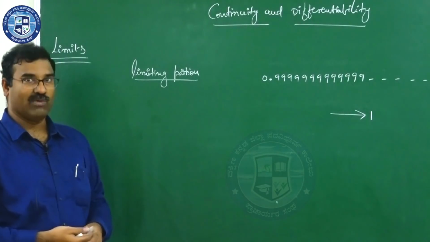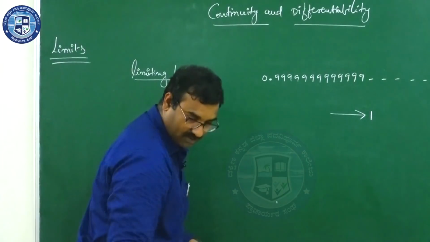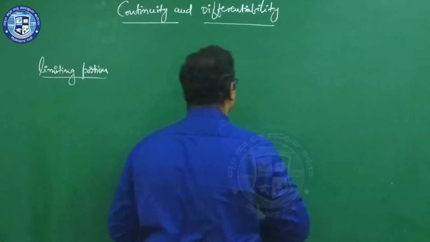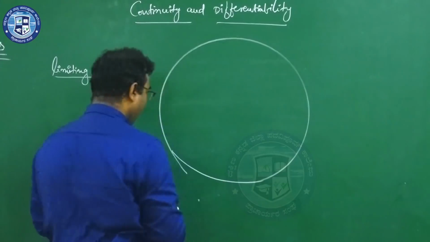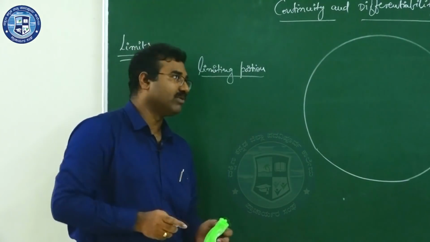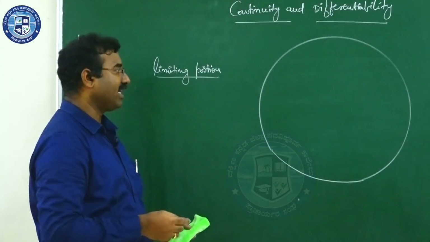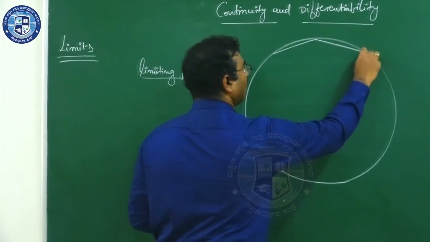And I want to give you one more example. Suppose we have a circle. In this circle, we are going to inscribe n-sided polygons.